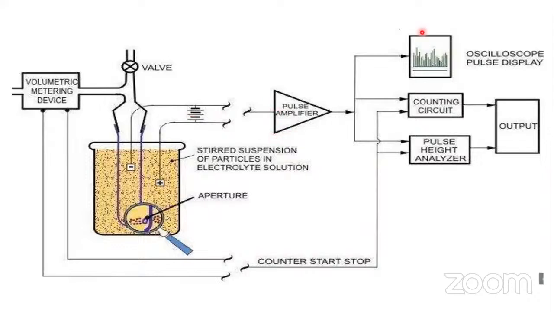The pulse is measured in the form of a signal. And there is an analyzer. We have a counting circuit here. This pulse analyzer helps to determine what is there. That is just a schematic of the Coulter counter.